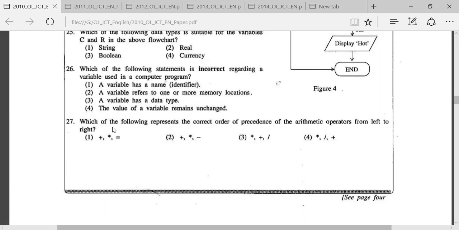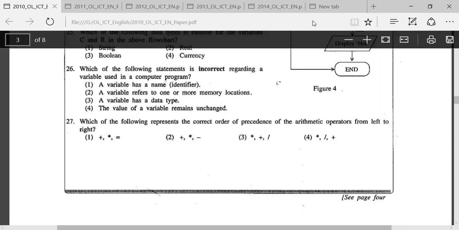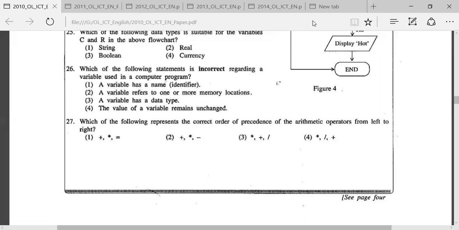After the bracket, you have to consider the power. So power is not there. That's why our next level would be multiplication or division, right? According to that theory, this is wrong, this is also wrong. Why? After addition, we are having multiplication.